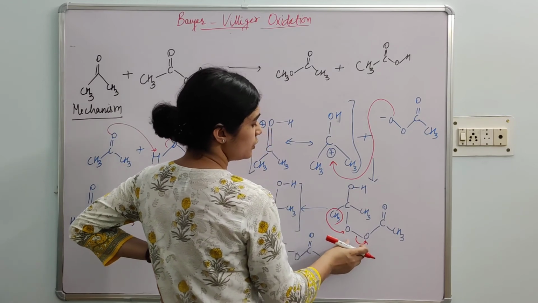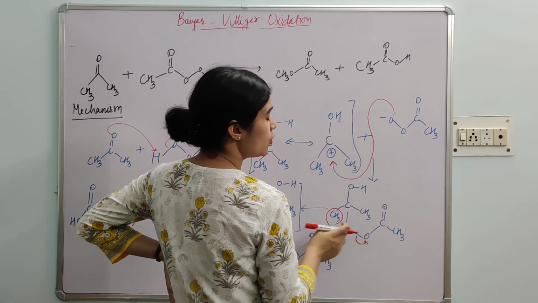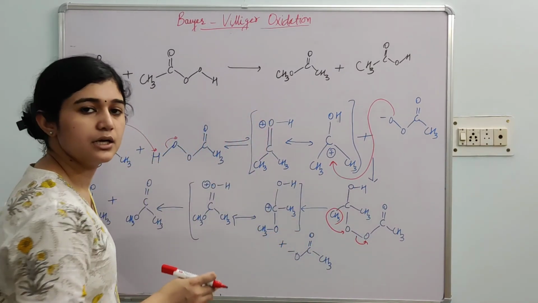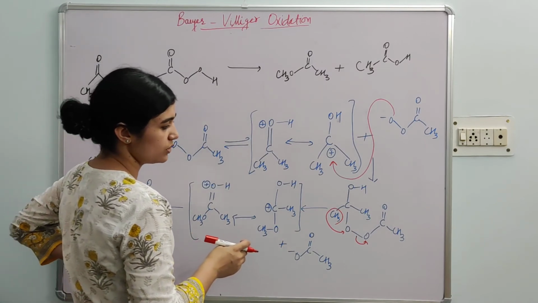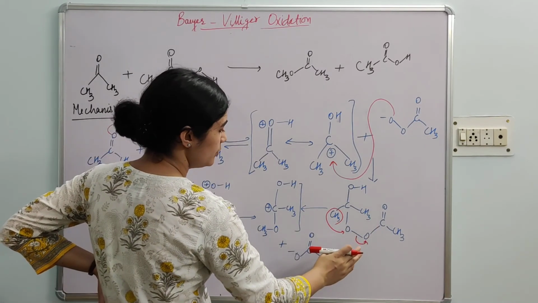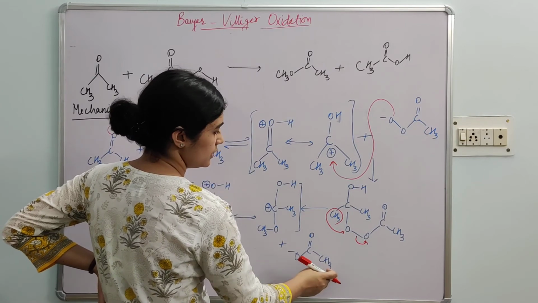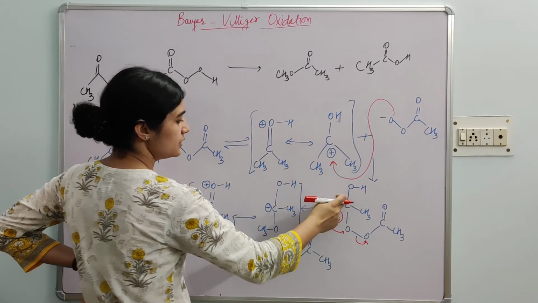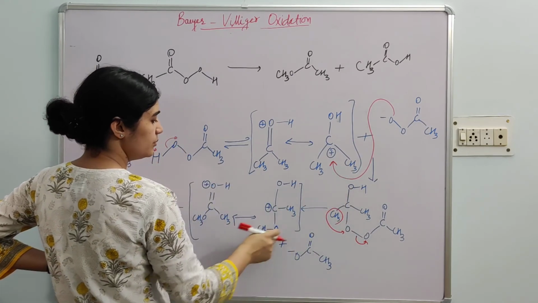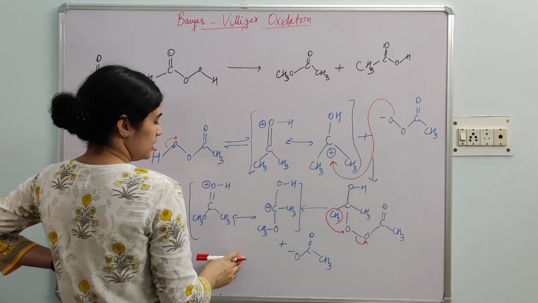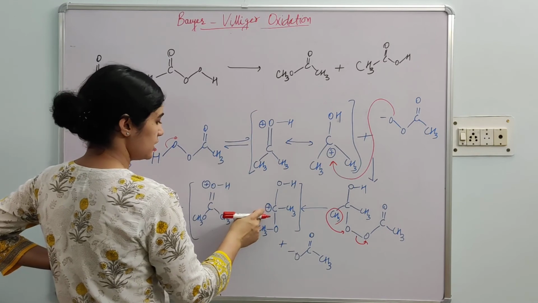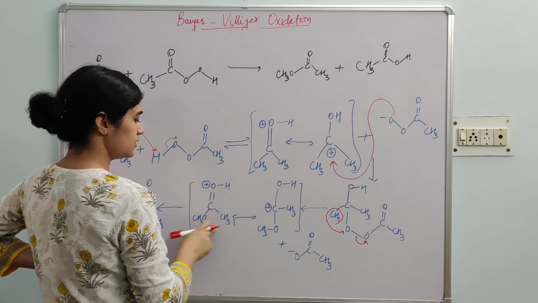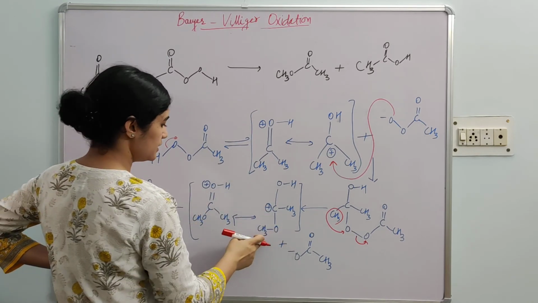This bond cleaves because the oxygen-oxygen bond is very easy to break. It doesn't require much energy to cleave this bond. So this bond will be broken and it will be eliminated as CH3COO negative, and the second part will be this. Now again resonance can occur here, so it can exist like this also and this also.